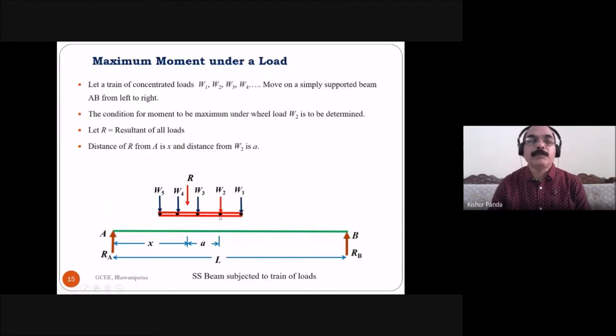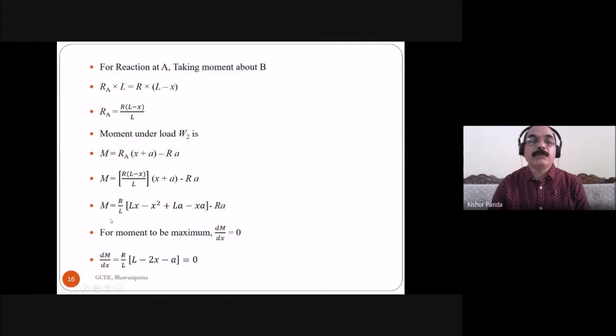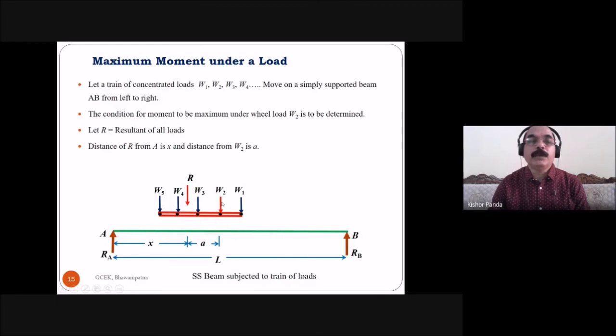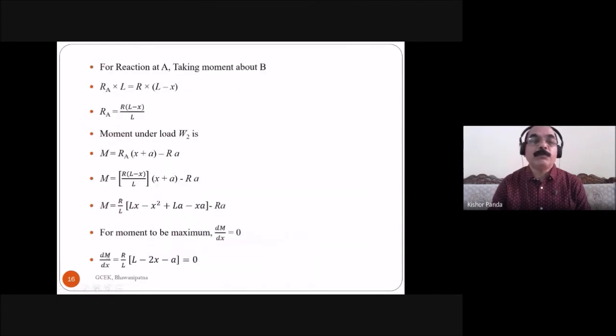Then you have to find the maximum moment. For maximum moment, you have to differentiate this moment, the moment at section W2, with respect to X and equate it to 0. Then you will get the position.